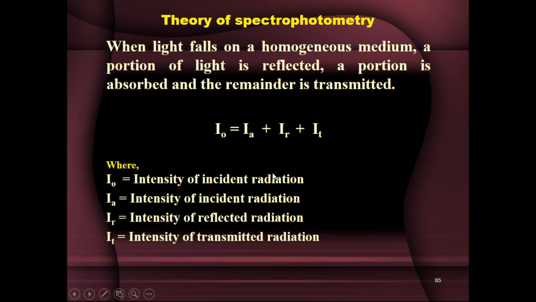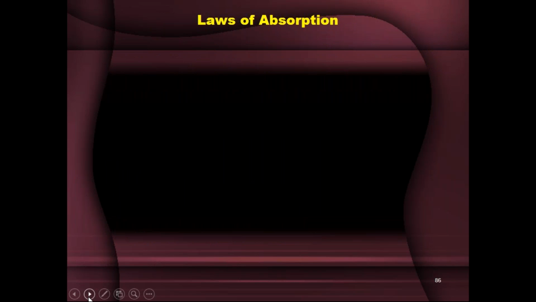If we keep reflections to a minimum, or even when you use two identical cells, one for the solvent and one for the sample, we cancel out the effects of reflection. In that case, we would say I0 equals IA plus IT. So what is not absorbed would be transmitted. That is the general thing that we usually consider.